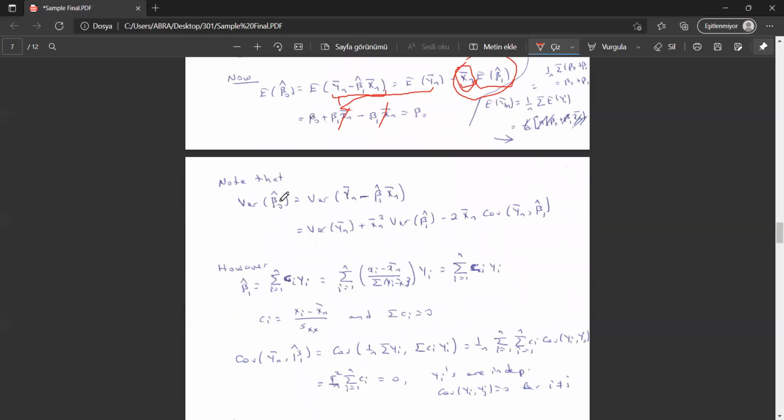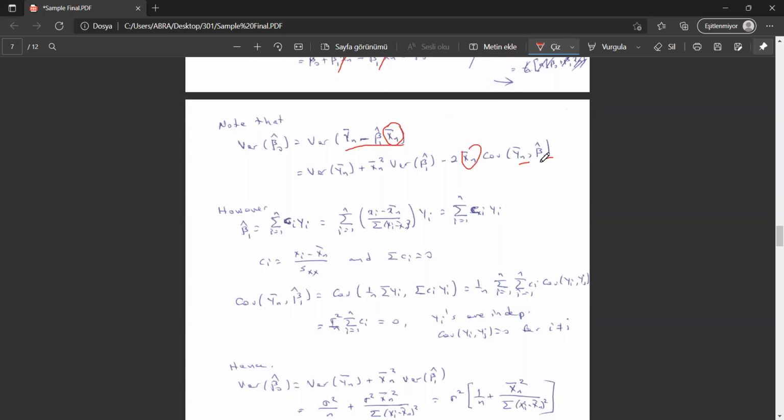About the variance of beta 0 hat, again, we are writing the formula of beta 0, y bar minus beta 1 hat times x bar, and we are separating things up. Variance of y bar, plus the square of the constant term, x bar squared, times variance of beta 1 hat, minus 2 times the constant term times the covariance between y bar and beta 1 hat.